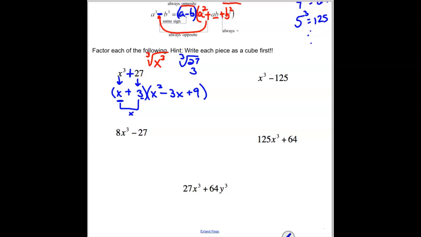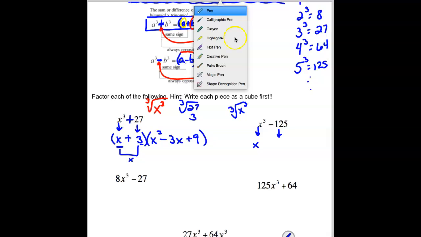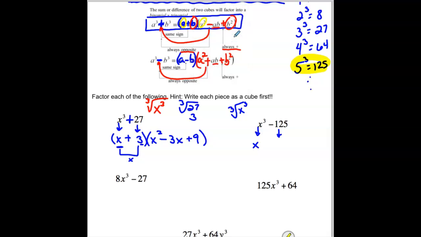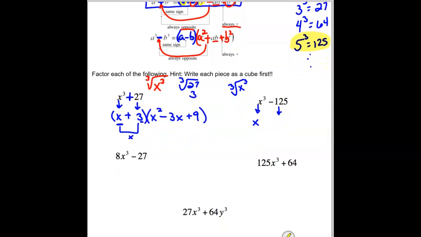All right. Go ahead and figure out what is the root of x cubed and what is the cube root of 125. We've done this one already. The cube root of x cubed is just an x. The cube root of 125, if we look here, we see that 5 cubed is 125, so the cube root of 125 would be a 5.